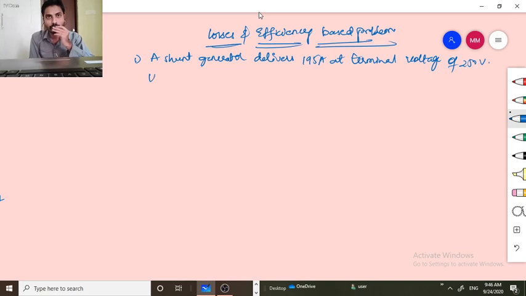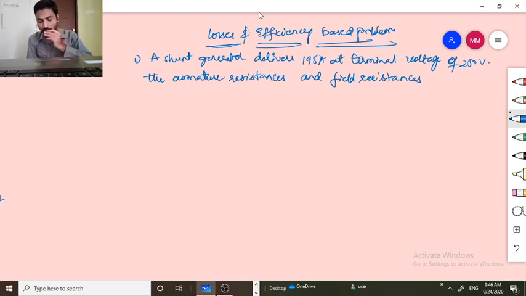The armature resistance and field resistances are 0.02 ohms and 50 ohms respectively.